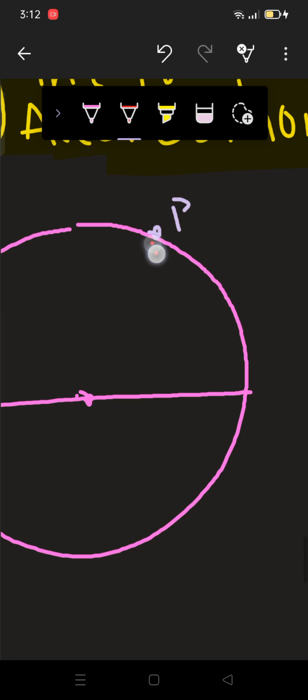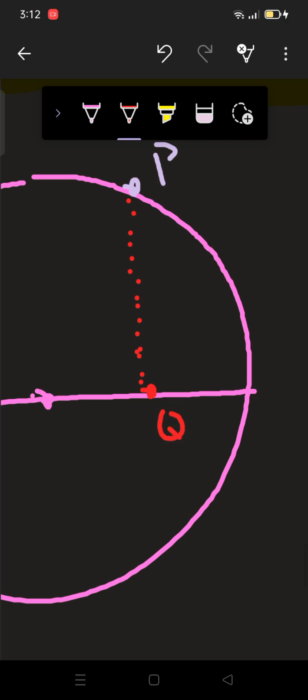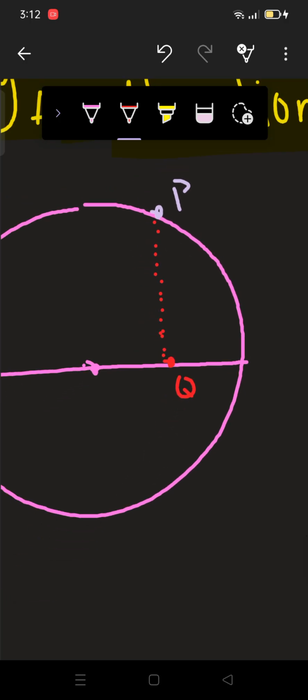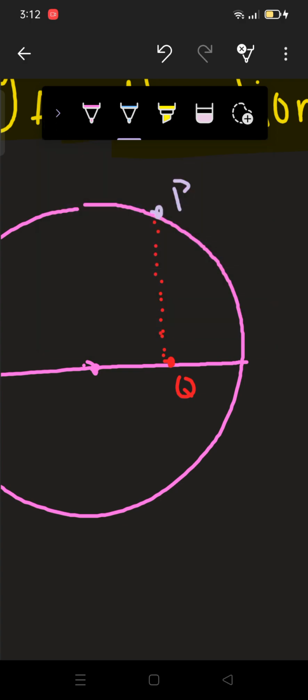Here it has its projection, which is denoted by q, right? Now we know that it is going to have an acceleration towards the mean position. We have already discussed in the simple harmonic characteristics that the projection is going to have the acceleration towards the mean position.